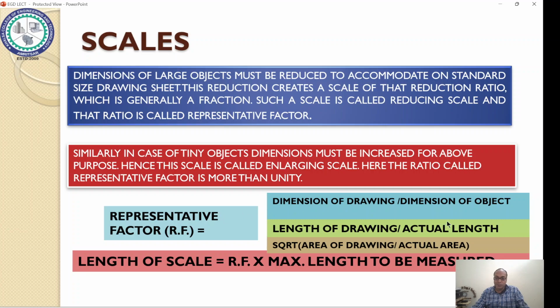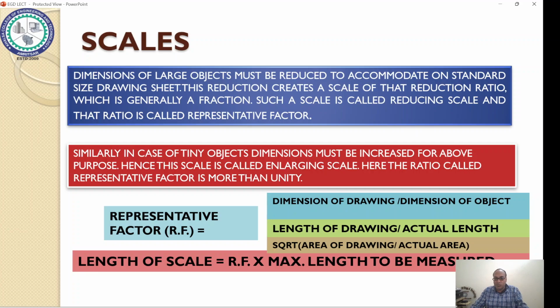So here this is the formula that is given: dimension of the drawing to the dimension of the object, or the second definition of the representative fraction is length of the drawing upon the actual length. Similarly, sometimes the size is given in case of the area. Okay, in those cases, for example, a plot is given whose area is this particular meter square, or centimeter square.